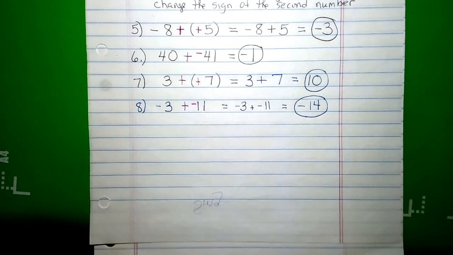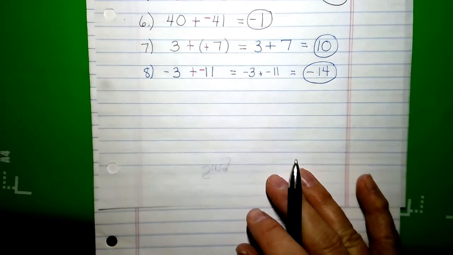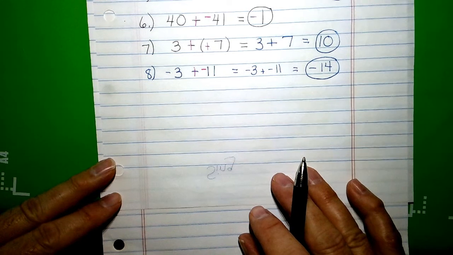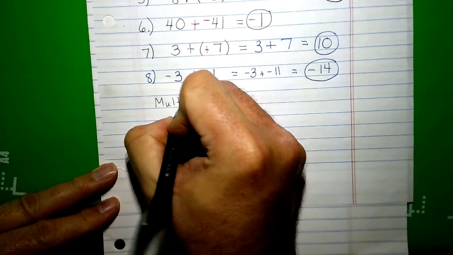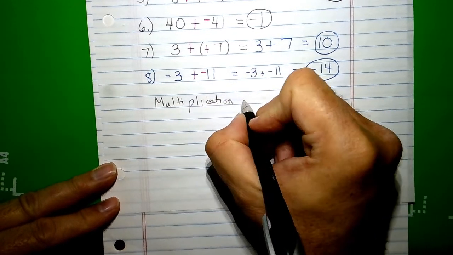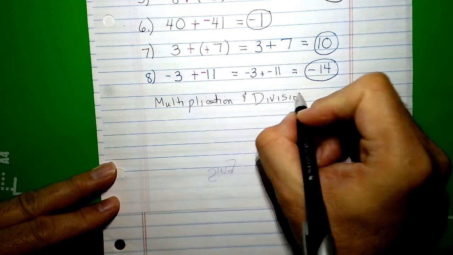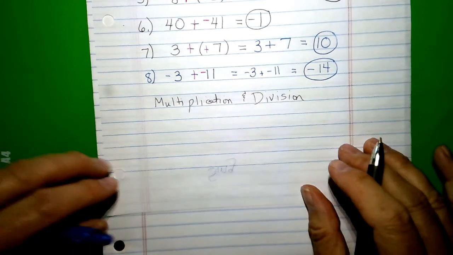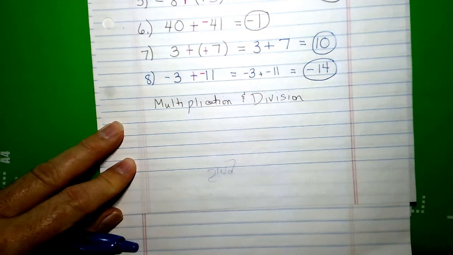Okay, so enough of adding and subtracting. How do we go about multiplying signed numbers? Multiplication and division. Well, the rule is true for multiplication and division.